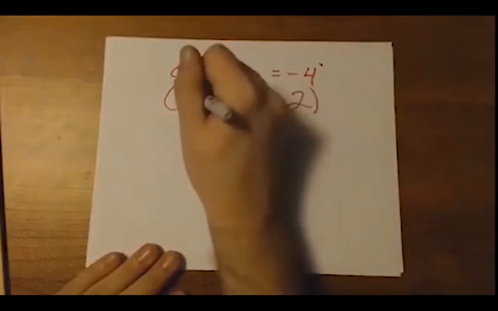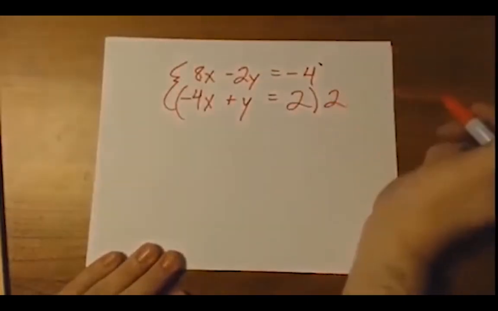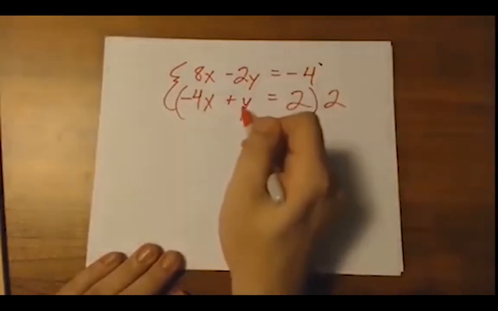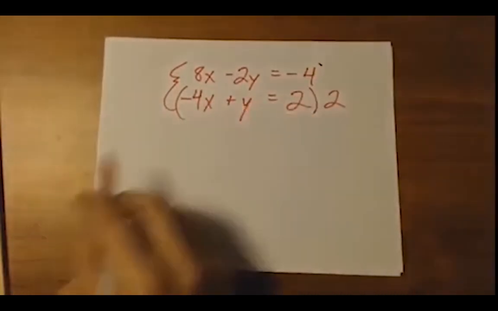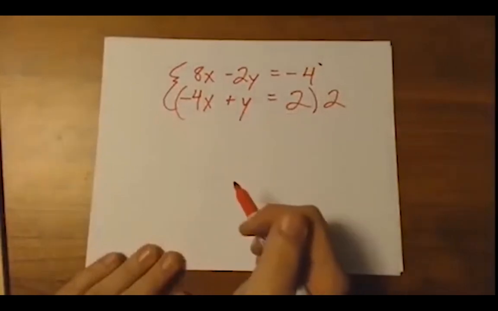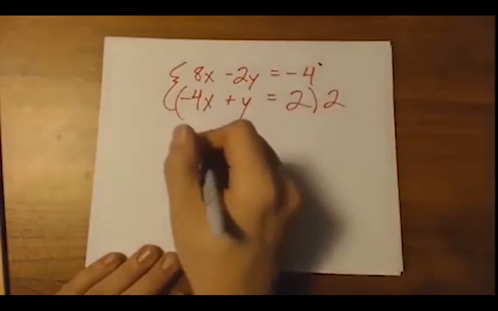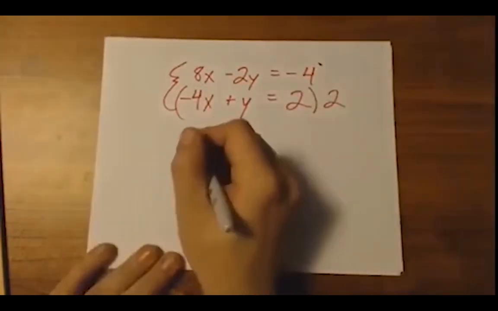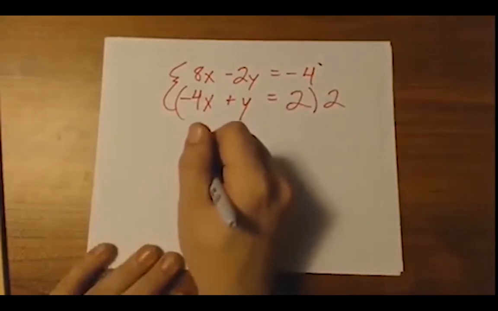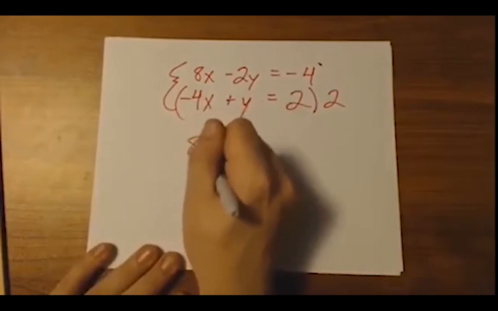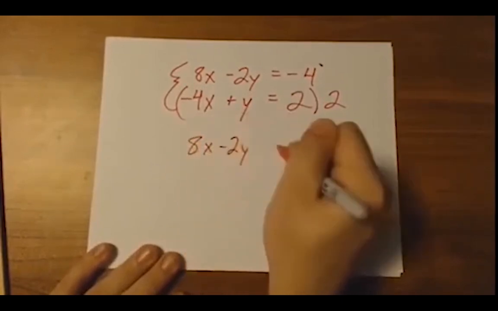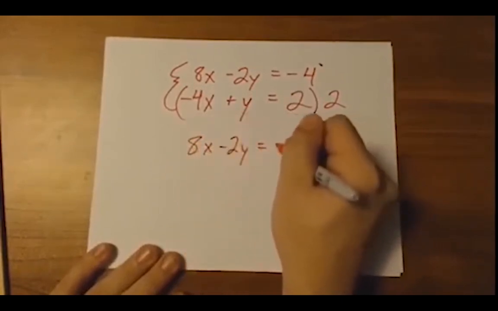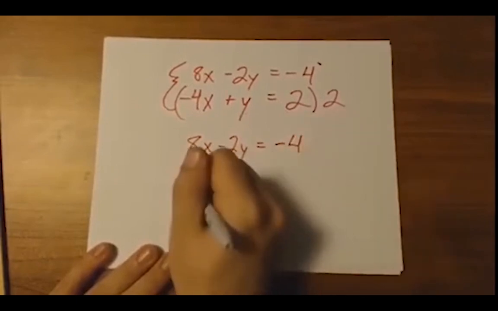Let's multiply the second equation by 2. That'll give us an 8 there, a 2 there, which will enable us to get rid of either variable. So this is going to be a special system because of the fact that both variables go away. But you'll see now the difference from the last one.